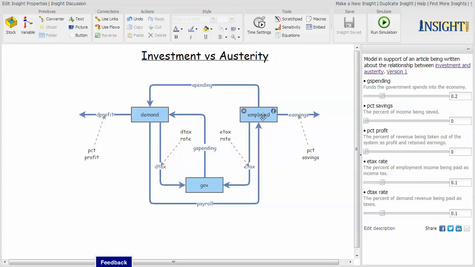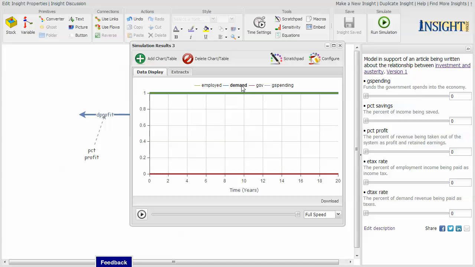And if the employed people spent all of their funds to create demand, and all of the demand ended up in payroll to create employed, we'd have a very balanced cycle that is probably like watching paint dry because nothing happens. I can run that if I set all of these variables so that the employed and the demand are equal.